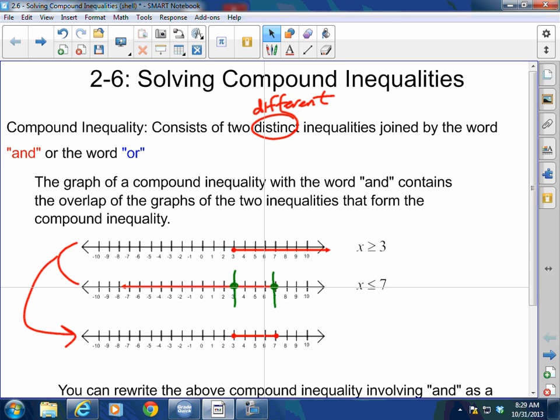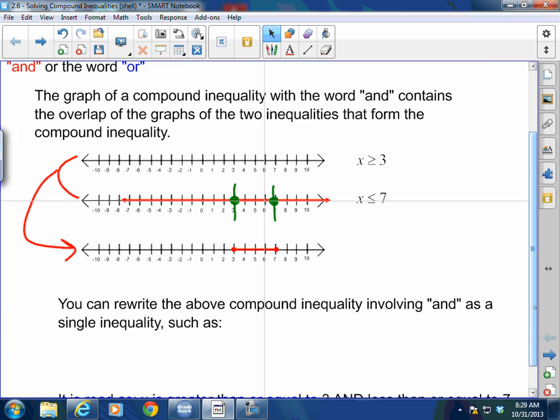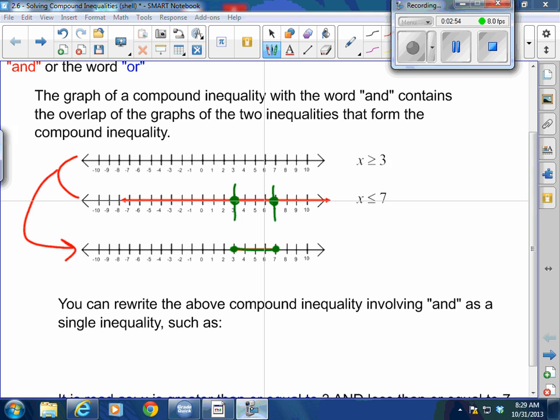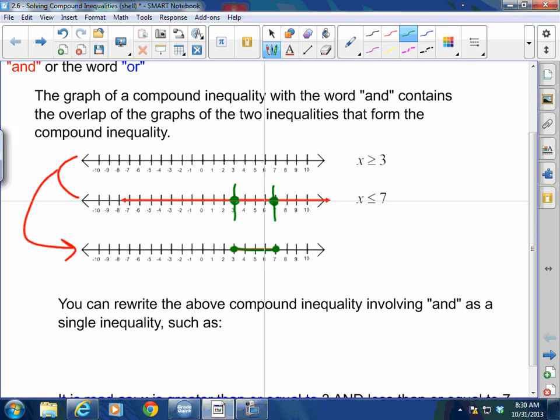If I overlap them, don't I have an overlap right there between 3 and 7? Well, that's how I create this graph right here. This represents the overlap. And this represents an "and" compound inequality. So yes, this is an "and" compound inequality.